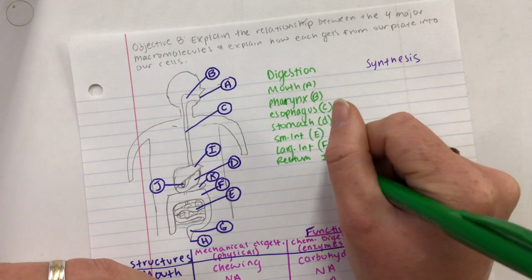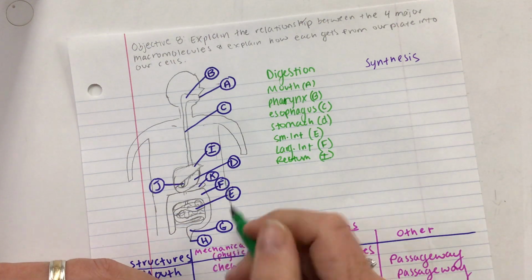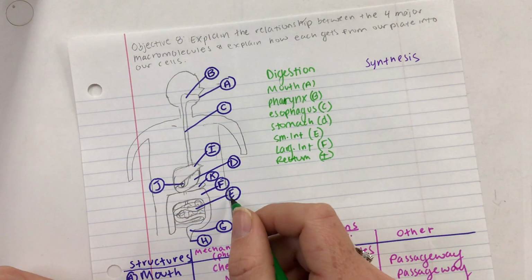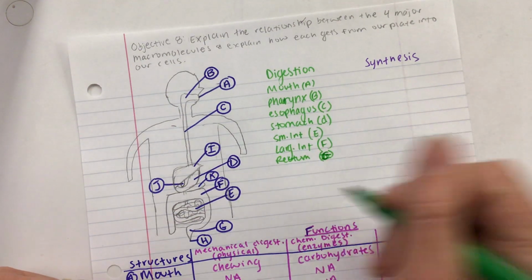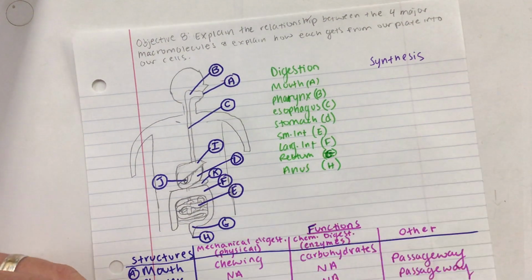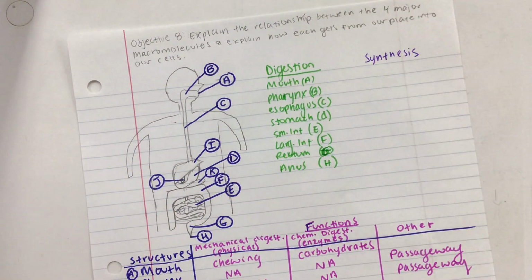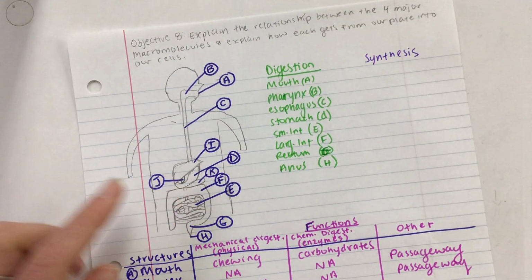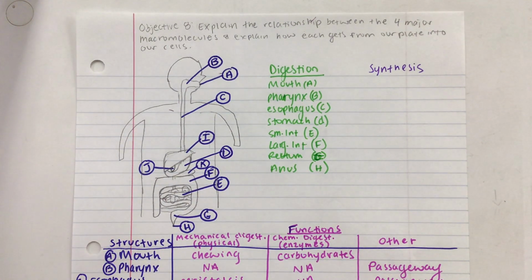Letter I to the anus. Oh, nope. Sorry, to the large intestine, letter F. G. F, G, I skipped. To the rectum, letter G, into the anus. Letter H. I guess I need to work on my alphabet. Okay, so that's the pathway that food moves through for digestion, okay? Again, the liver and the pancreas and the gallbladder, no food goes through there. They just help with making the stuff to break down the food. They send it to the small intestine, okay?